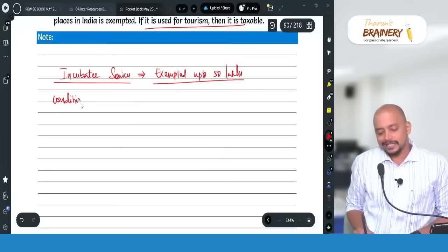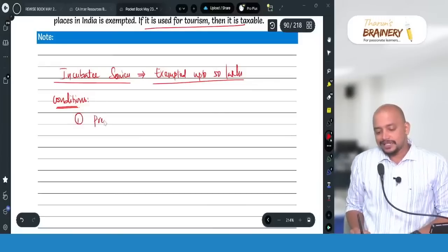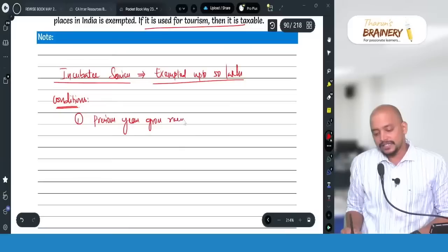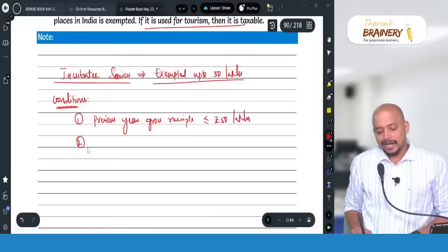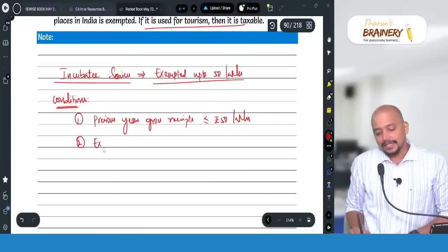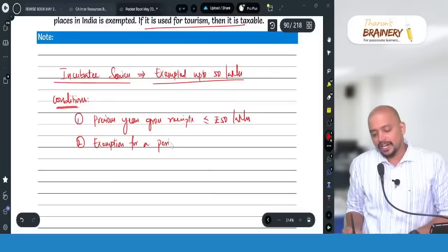Condition number 1, previous year gross receipts should be less than or equal to 50 lakhs, and the exemption is for a period of 3 years from the date of signing the contract.